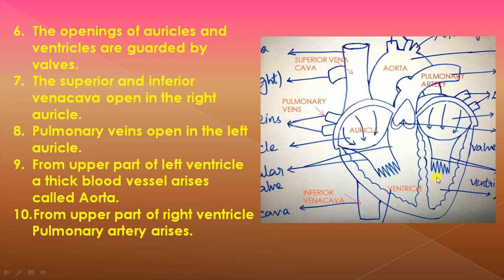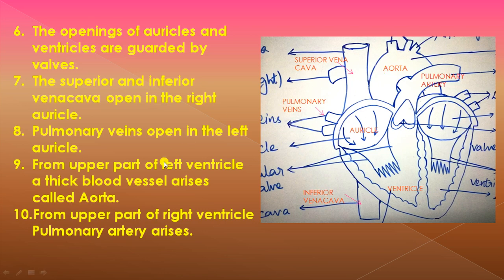It arises from the upper part of the left ventricle. A thick blood vessel arises, which is known as the aorta. This is the largest artery. So what is an artery? Arteries are rigid vessels which carry blood from the heart to the various parts of the body.